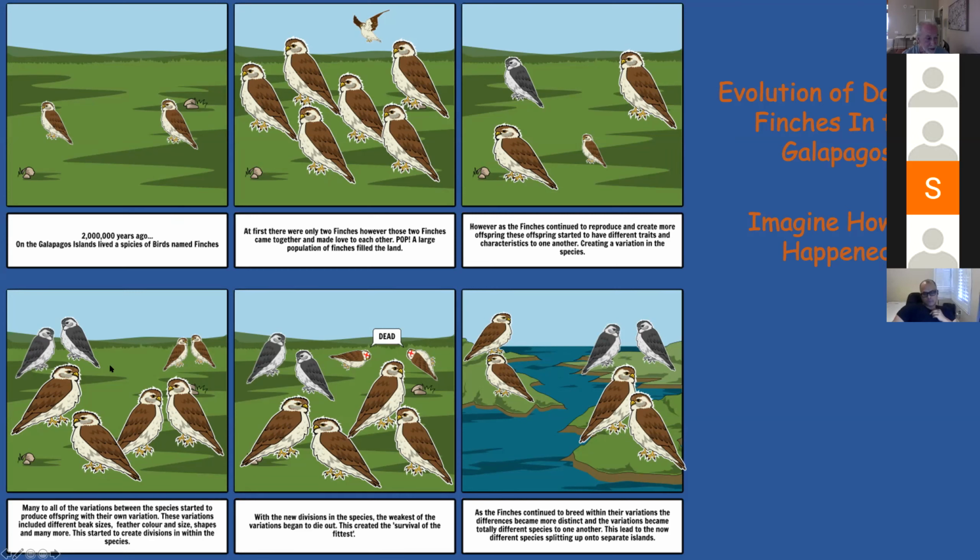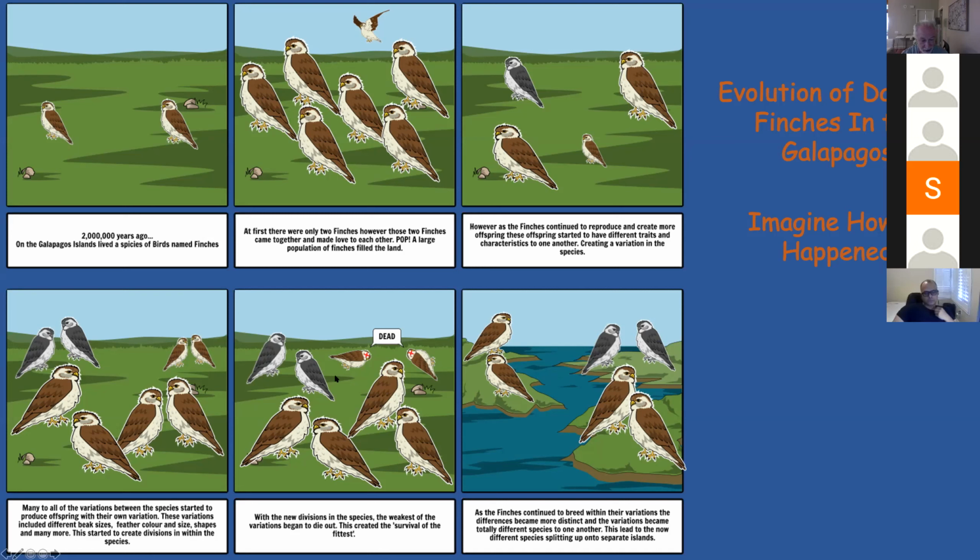Eventually, individuals or groups with different characteristics began to mate with each other, and these variations included different beak sizes, different feather colors, sizes and shapes, and many other things.